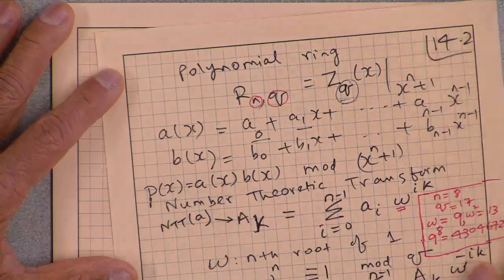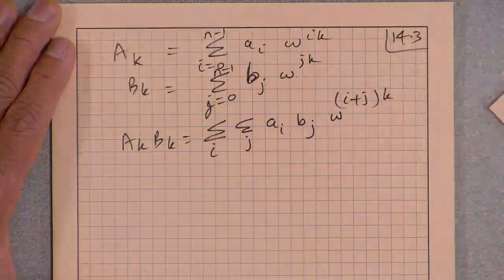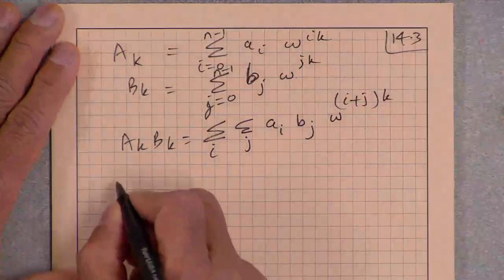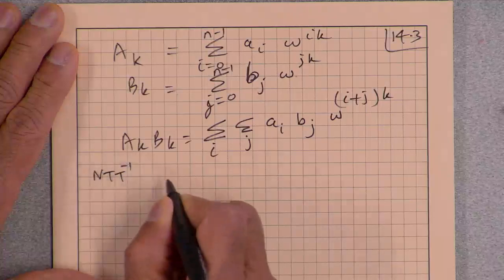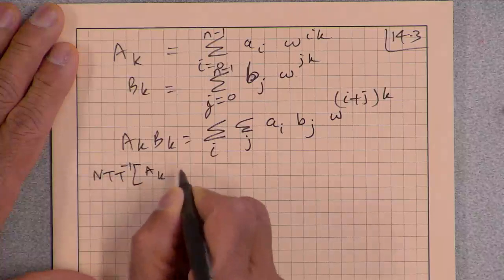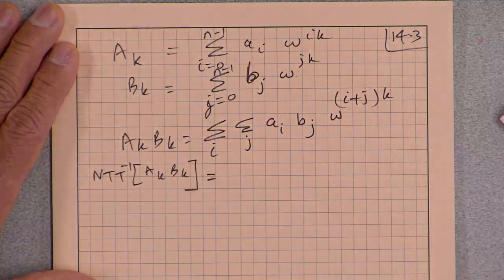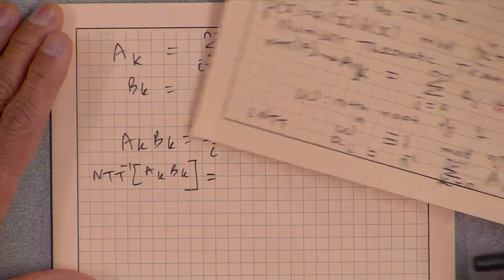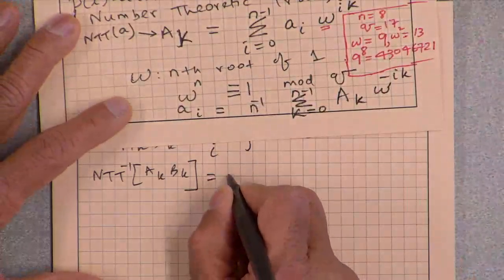So what I am going to compute now would be the convolution sum. So let's say the NTT inverse of AK BK. If I just take the inverse NTT of that, so apply the inverse NTT, that's going to be n inverse.